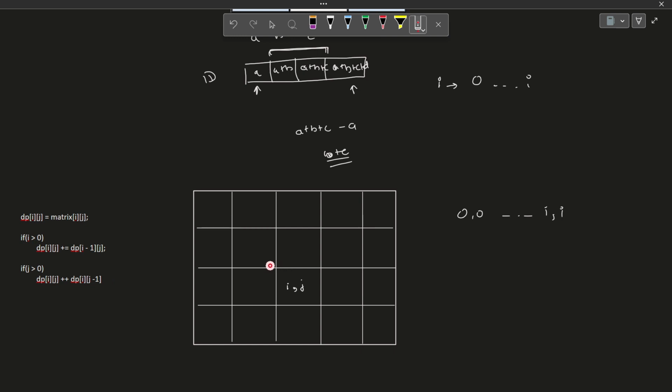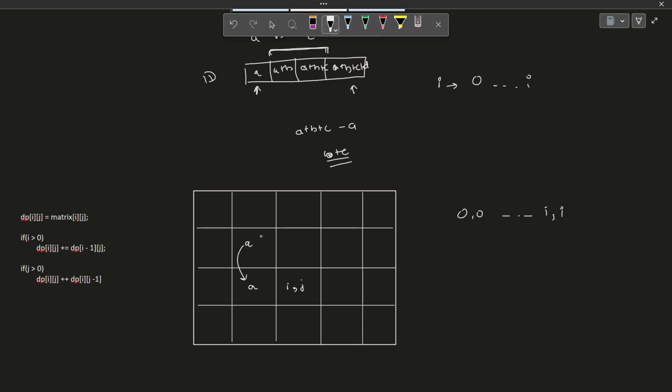Now there will be one slight issue with this approach so far. Let's say this particular cell contributed to this value and this particular cell also contributed to this particular cell. Now these two cells have individually contributed to this particular cell. So if I had a value a here, this value would have propagated to this particular cell.